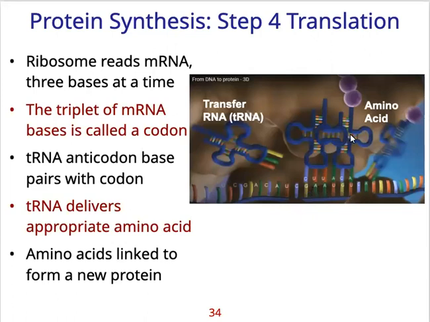And with the tRNA coming in, it then brings along with it an amino acid, and this amino acid is then linked to the growing polypeptide chain.